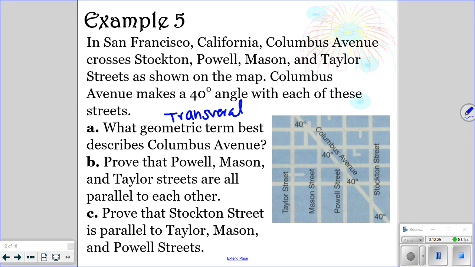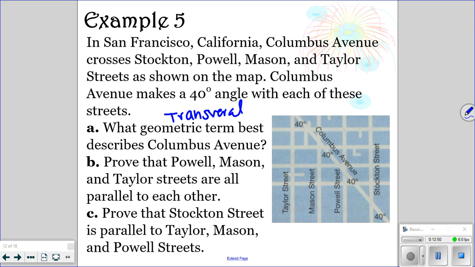So I'm not going to write this one out, I'm just going to explain it. So the 2 or the 3, we're looking at all 3. The 3 40-degree angles at the intersection of Powell, Mason, and Taylor and Columbus Avenue means that those are all corresponding angles.